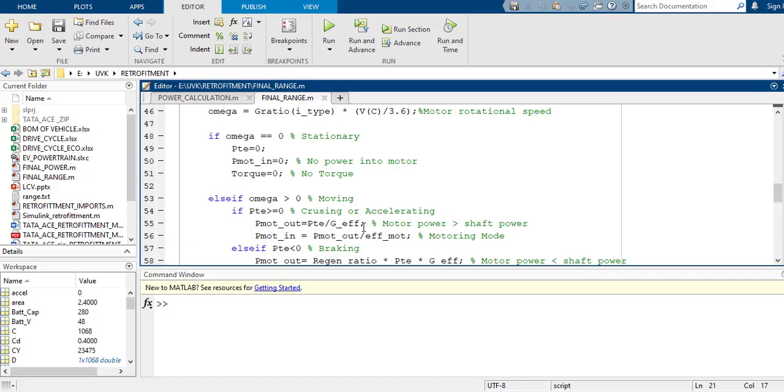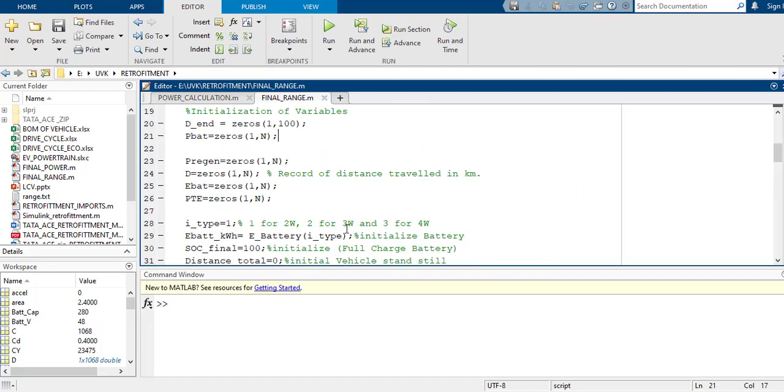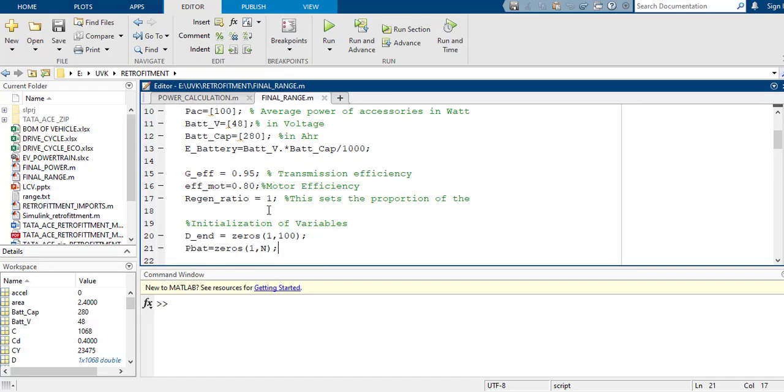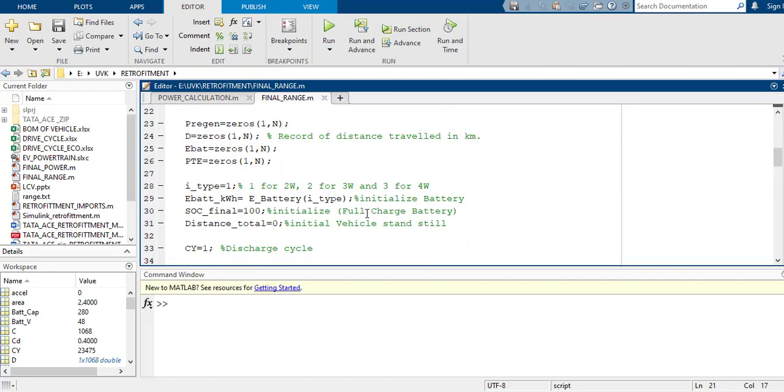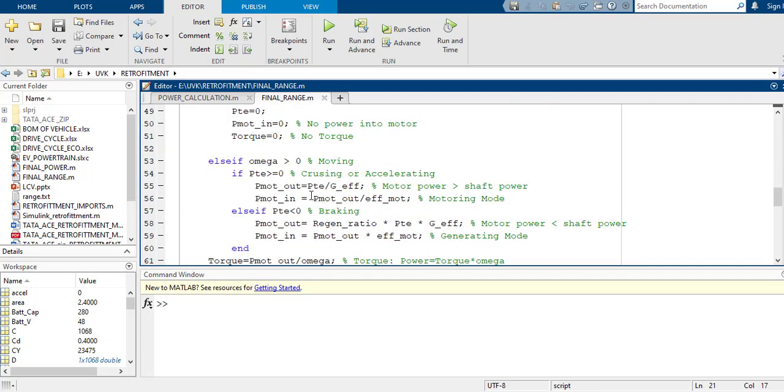So we have considered the transmission efficiency as 0.95, that is 95%, and the motor efficiency 80%. According to the various types of motor, we have to choose our efficiency.